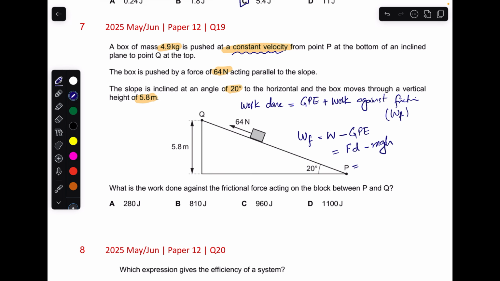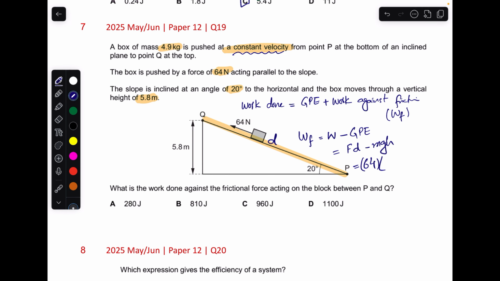Force applied is 64, it is given. Distance traveled is, okay, so we don't have the distance traveled. If you remember the definition, the work done is the force multiplied by the distance traveled in the direction of force. So what you need is this distance. Let's call it d. If you see this thing, this is a triangle. We can use basic trigonometry. We have this angle, this is perpendicular, this is hypotenuse.